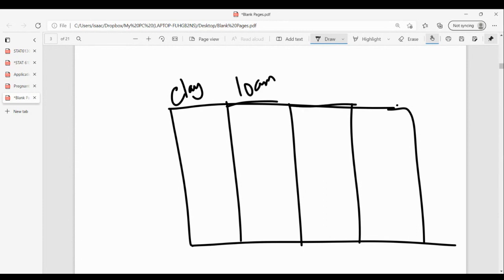This whole block here has a lot of sand in it, so I'm going to put sandy. And this last block here, let's say it's a mixture of loam and sand or whatever. So I have 4 different types of land.